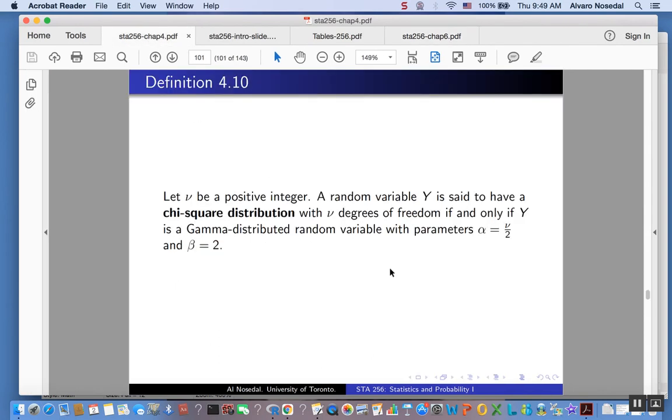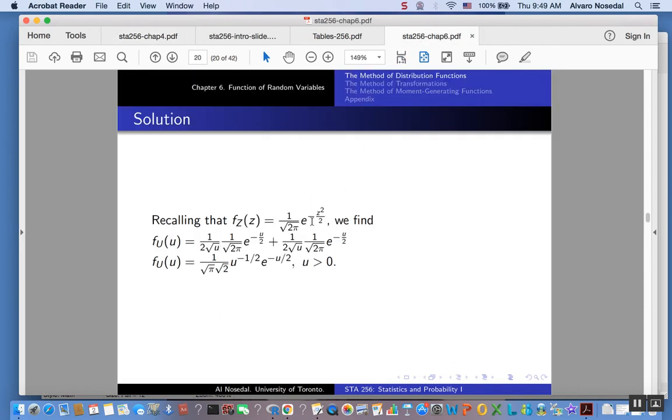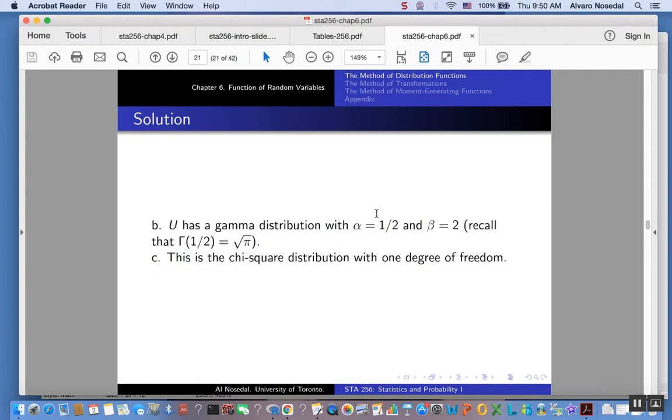Okay, so what we have here is that our new random variable, which was normal 0, 1, and then we square it, has a gamma distribution. In general, it's a member of the gamma distribution family with alpha equals 1/2 and beta equals 2. But in particular, you can refer to that guy as a chi-square with 1 degree of freedom. Okay? Make sense?